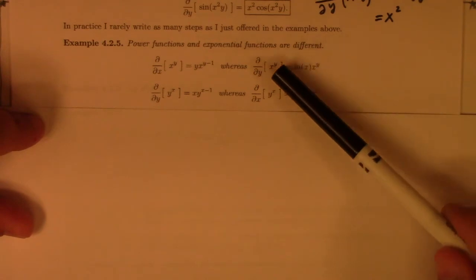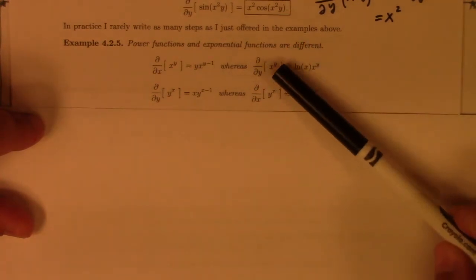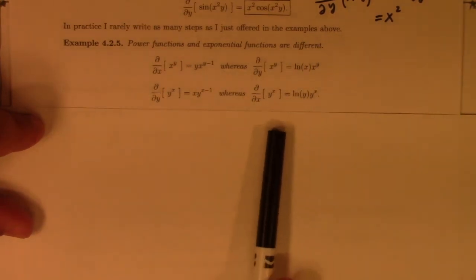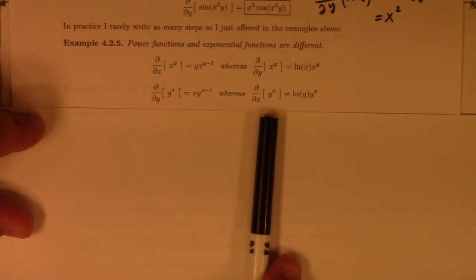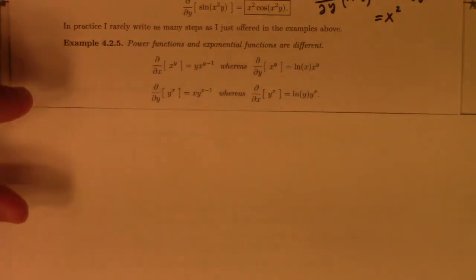In contrast, here I'm differentiating with respect to the exponent. This is an exponential function with base x, so I get log x times x to the y. And the second one, this is an exponential function with base y, if I think of x as the variable holding y fixed. So I've got log y times y to the x.